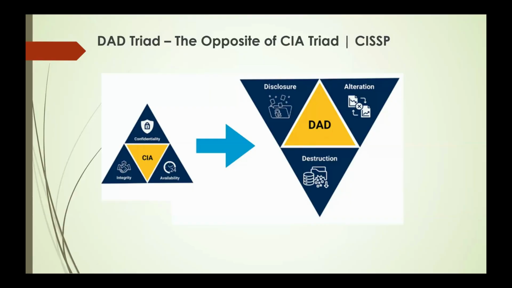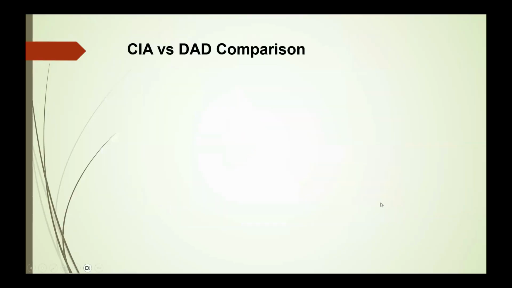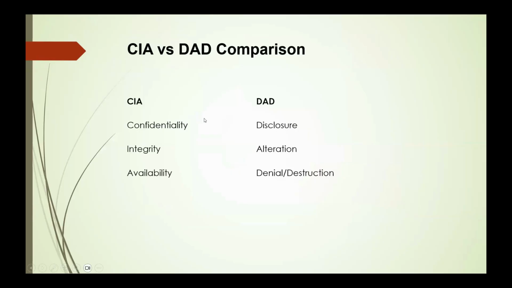This comparison is very important for the CISSP exam. So confidentiality is broken by disclosure, integrity by altering the data, availability by denial or destruction. Attackers always try to create these bad conditions in your companies, while security professionals try to maintain these CIA principles.